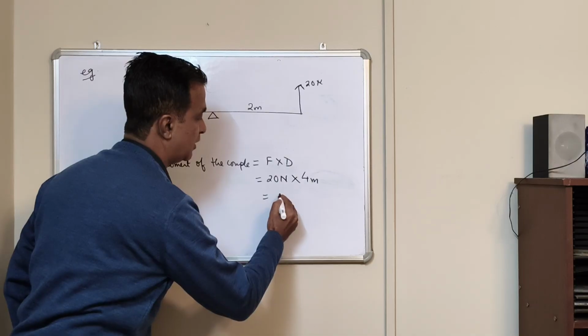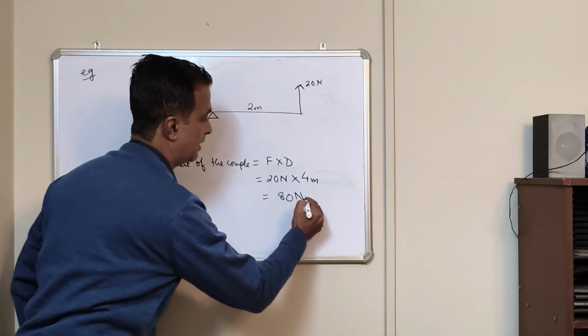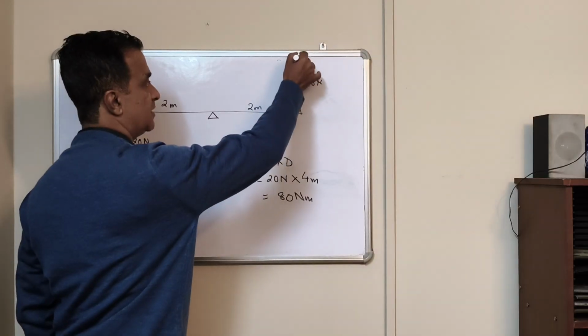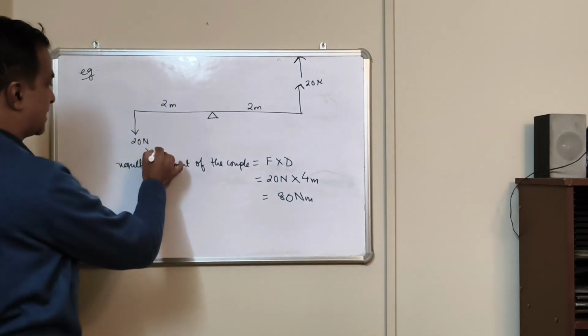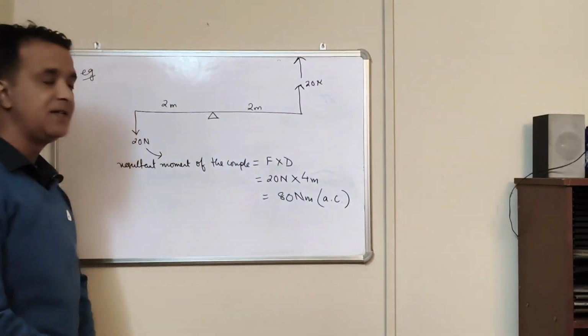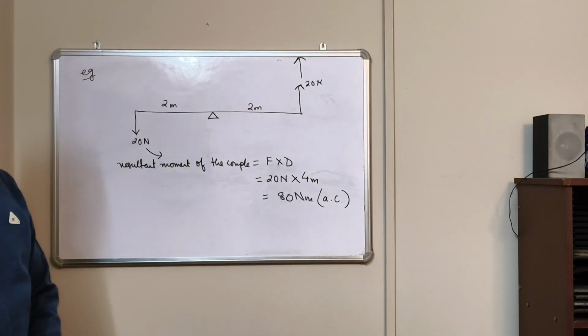So we get our answer. 4 into 20 is 80 Newton meter. And either you use the sign convention or you mention the direction. Because of this, the meter rule is going up and here it's coming down. It's anti-clockwise. So either you can write plus 80 Newton meter or you can mention anti-clockwise.